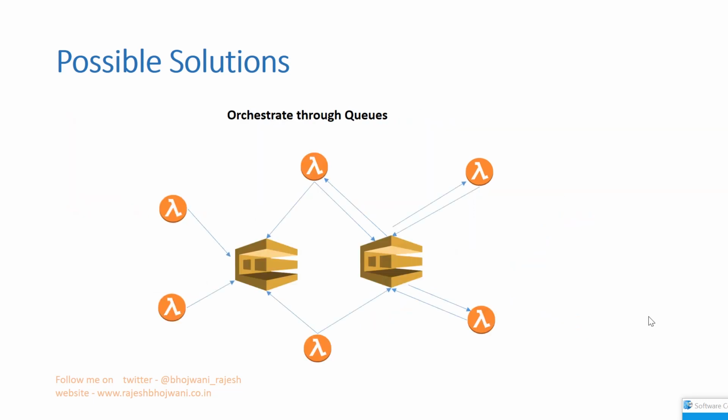One more solution which resolves the scalability issue is using queues. One Lambda function can put messages into the queue, and another can read from there. But again, the same challenge will still be there: there is no orchestration readily available.